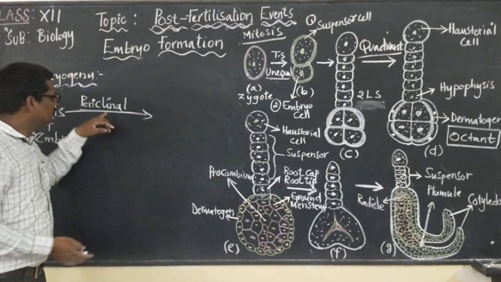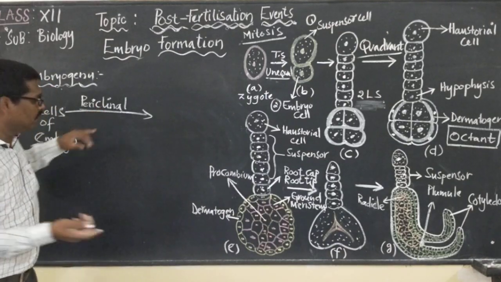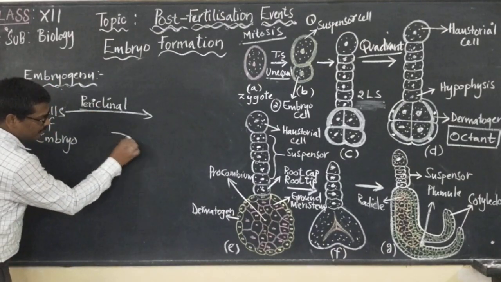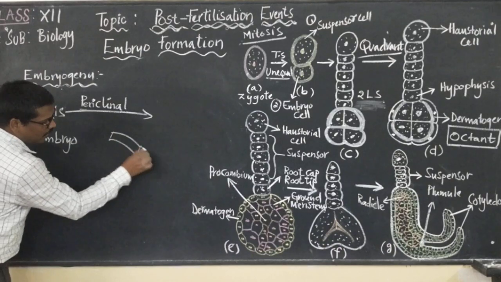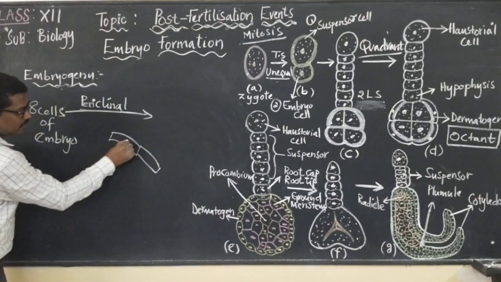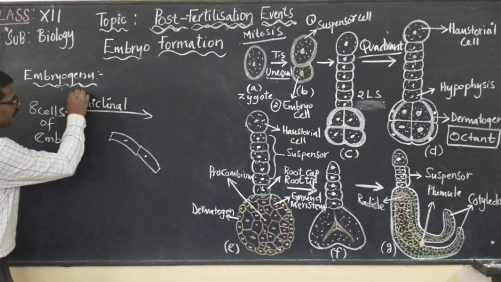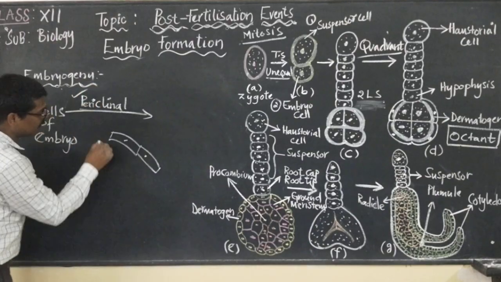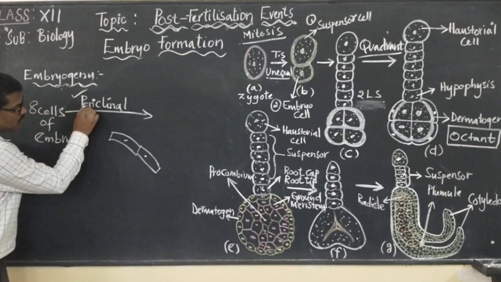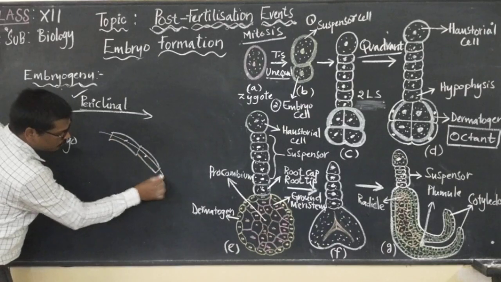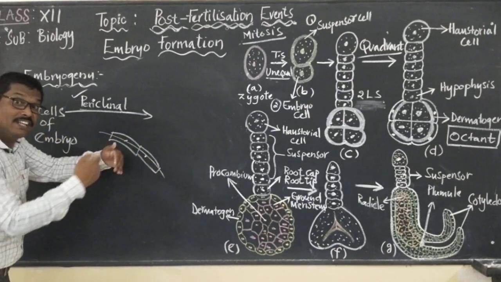See here, periclinal means what? If this is one cell, second cell, these are the 2 cells. Whenever we come across periclinal, please remember, due to this cell division called periclinal, it will undergo like this, adding the cells as layers.